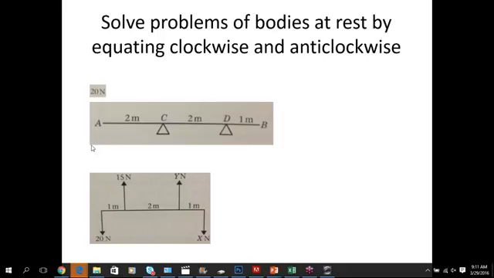So your clockwise moments equals, what's your force? From C. Let's take moments from C. So how far away is the center of gravity? 0.5? Good. Another half a meter if you've got the mass of the rod.